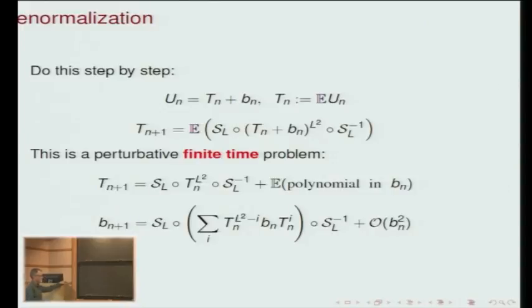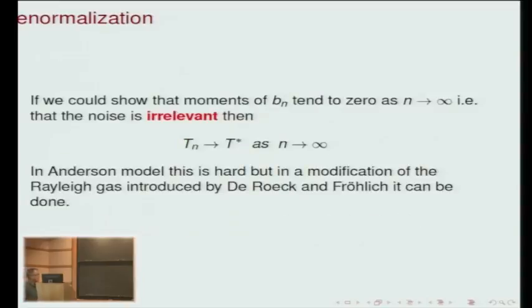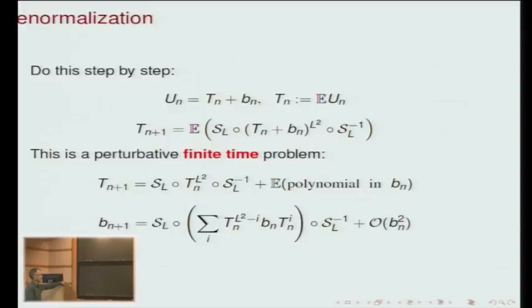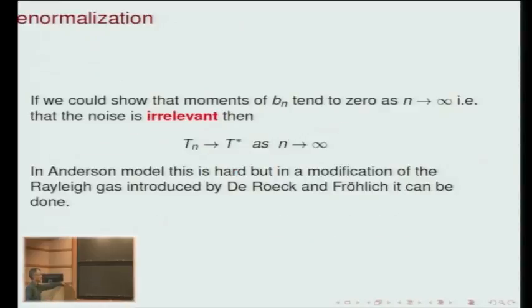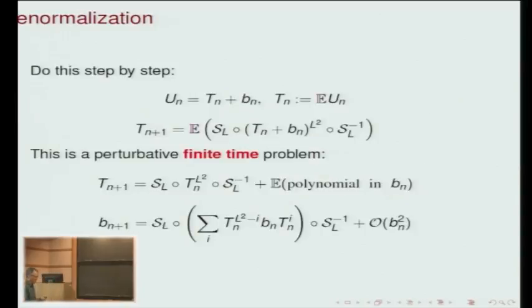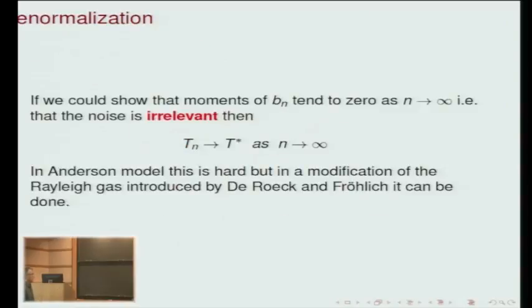So that's what you would like to show. Now, if you could show that the moments of this randomness go to 0 in a sufficiently strong way so that this really is a small contribution, then you would be in business in trying to show the diffusive limit. Stated in another way, if the noise is irrelevant in this renormalization group transformation which I've sketched here, then you have a diffusive limit.